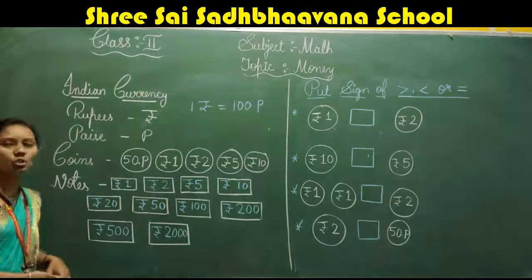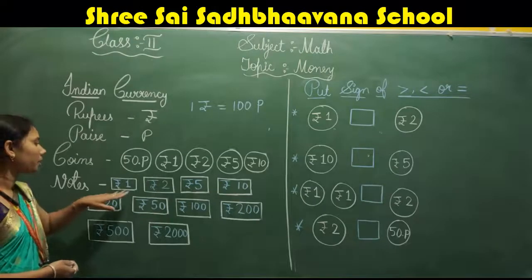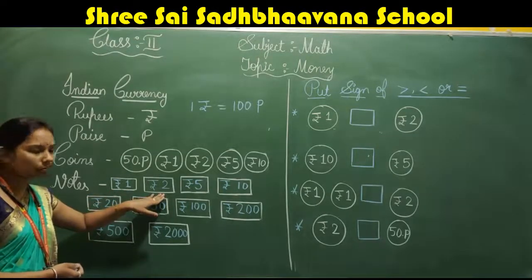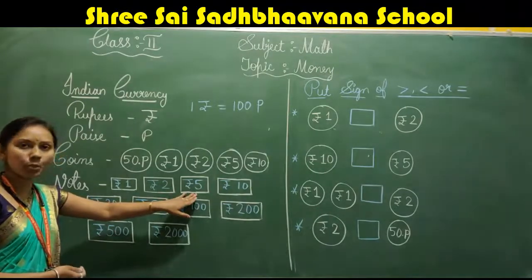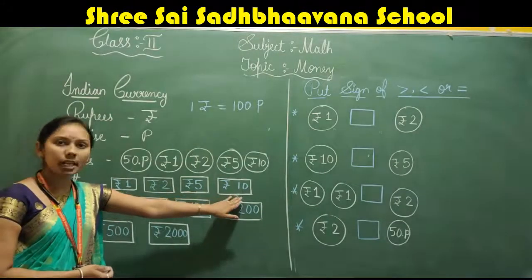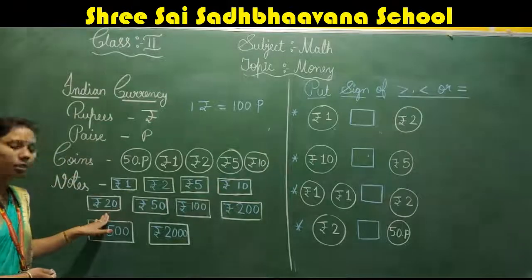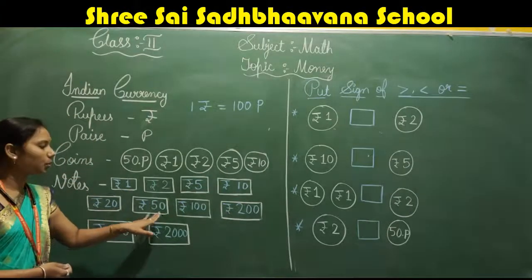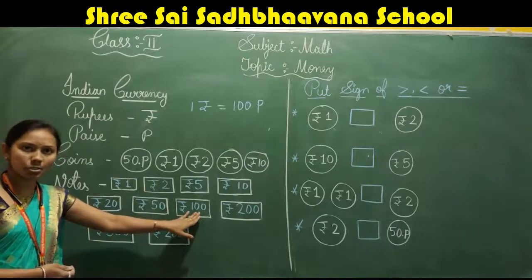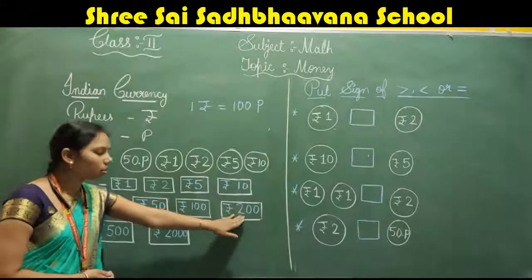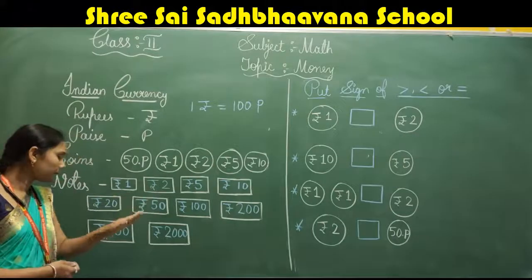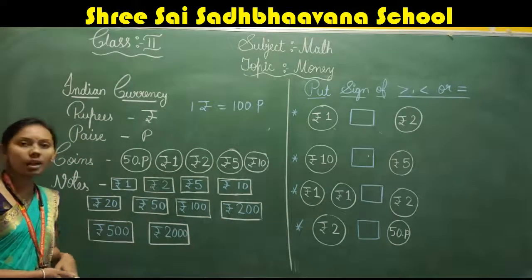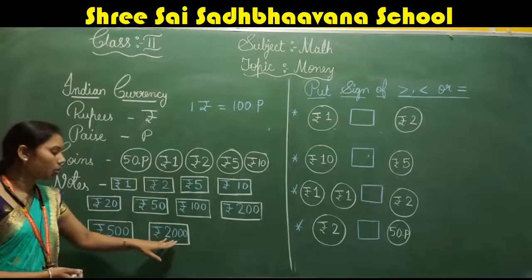Next, the notes which are available are 1 rupee note, 2 rupee note, 5 rupee note, 10 rupee note, 20 rupees note, 50 rupees note, 100 rupees note, 200 rupees note, 500 rupees note and 2000 rupees note.